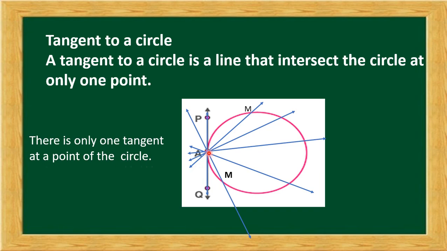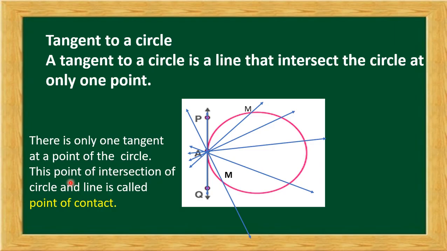That means at this point A there is only one tangent to this circle. Also, this point of intersection of the circle and line, this point A, is known as the point of contact, where the line and the circle intersect. So at a point there is only one tangent to a circle.